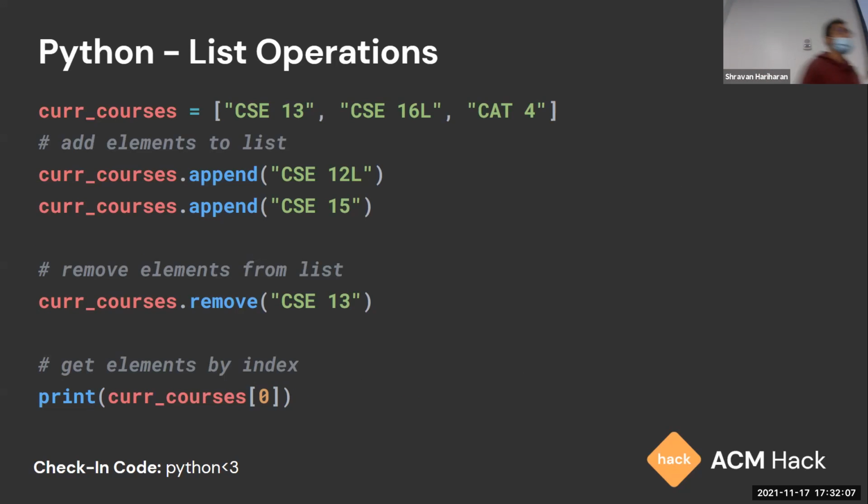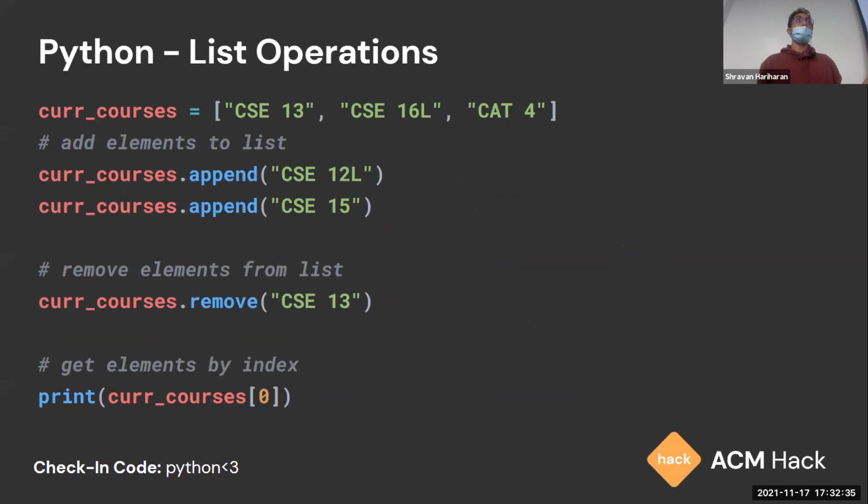Some basic list operations. We can add elements to a list and remove elements from a list with append or remove. So we can add CSE 12L or CSE 15 to our list with append, and we can remove them with remove. You can also get an element by its index with standard indexing, like arrays. Like you can get the 0th index.